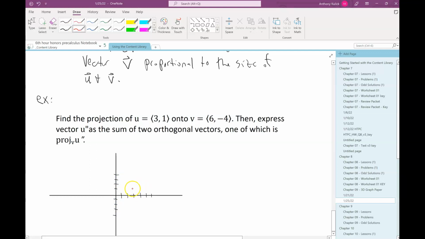So 3, 1. There's my vector u. And then 6, negative 4. Here's my vector v.